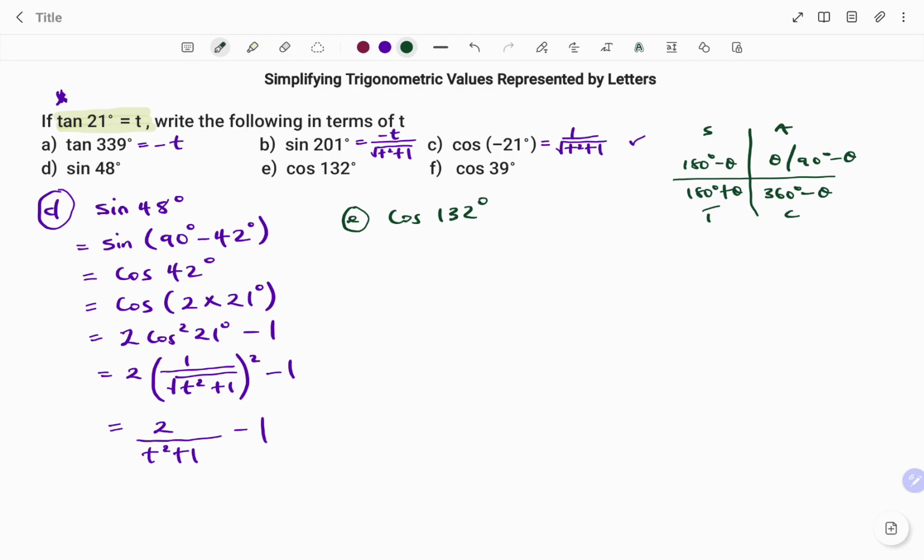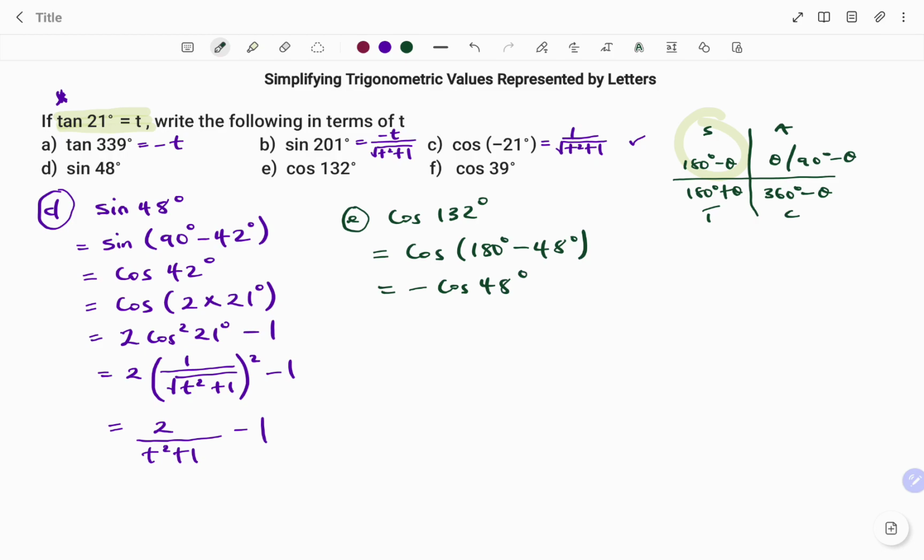So to reduce, we have cos of 180 degrees minus 48 degrees, which will give us 132. And cos in this quadrant is negative because only sine is positive.